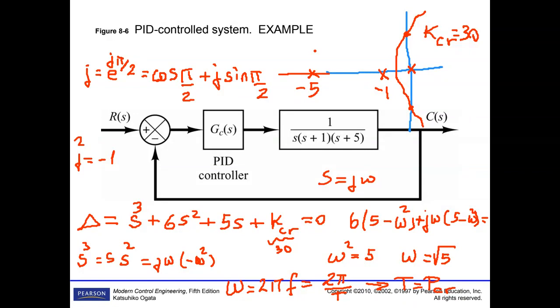Okay, so how about ramp? How about ramp input? I will just add ramp. The difference is the ramp is the input which is increasing, just increasing by time.